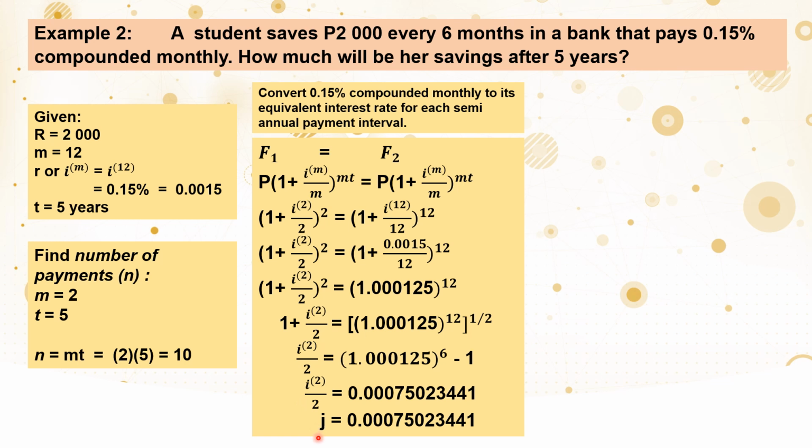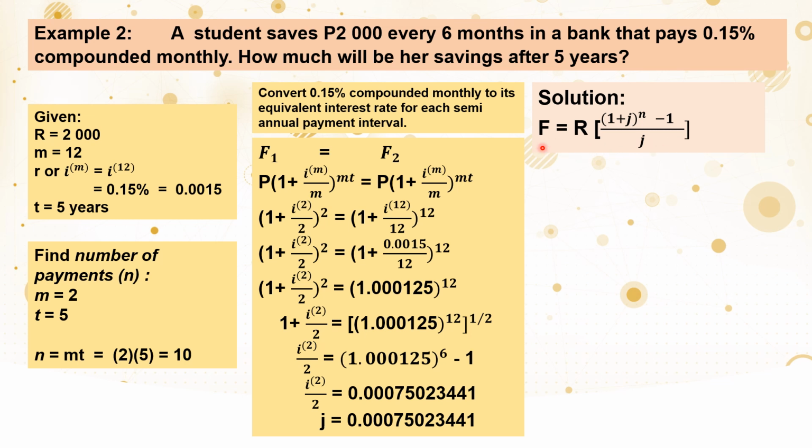So J now is equal to 0.00075023441. Since we have already the values of J, N, and R, we can now find the future value using this formula.